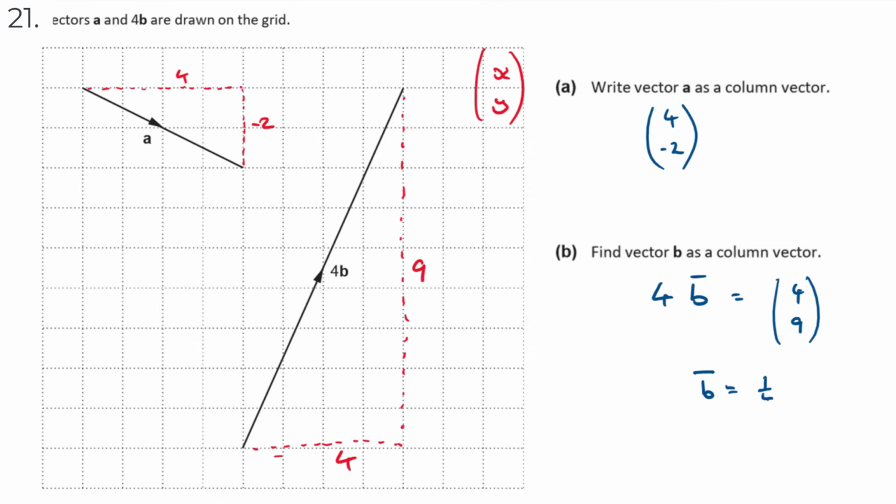A quarter of 4 is just 1, isn't it? So the top number is 1. Now the bottom number is going to be 9 divided by 4, which I'm just going to write as 9/4 actually.